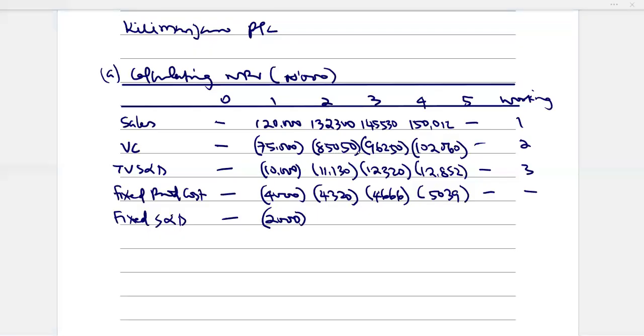So 1.06 multiplied by 2,000 equals 2,120, multiplied by 1.06 is 2,247, multiplied by 1.06 is 2,382. Okay.